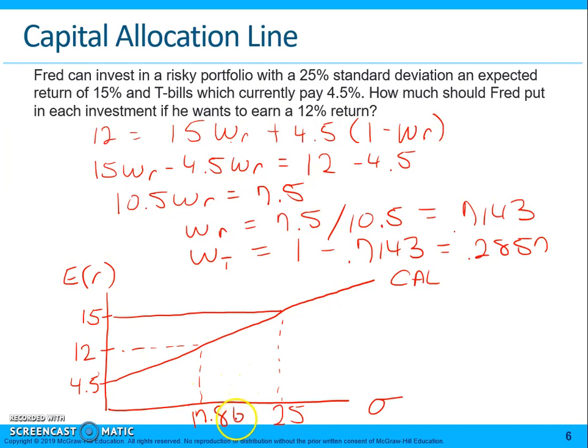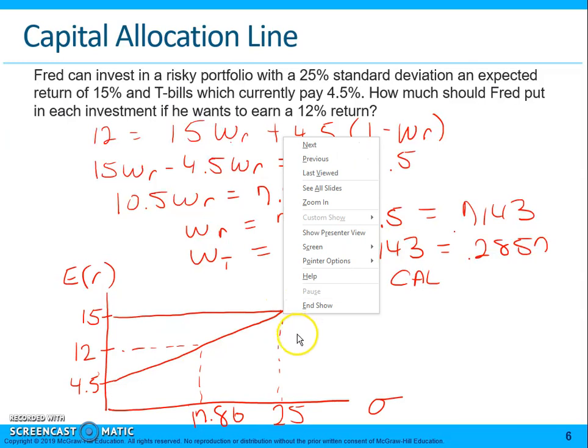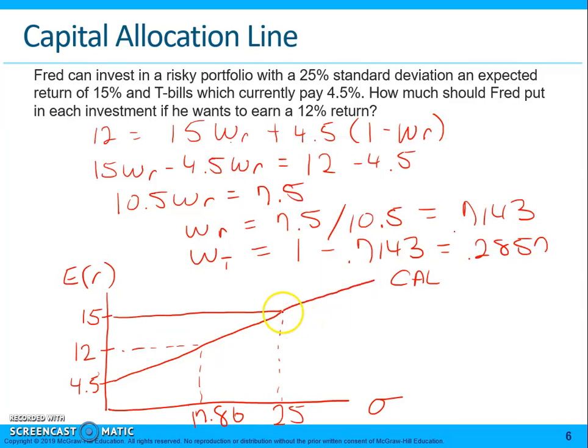One thing to note is that every portfolio along this capital allocation line is going to have an identical Sharpe ratio. Also, anything beyond this point, with this optimal portfolio it represents, would be investing on margin.